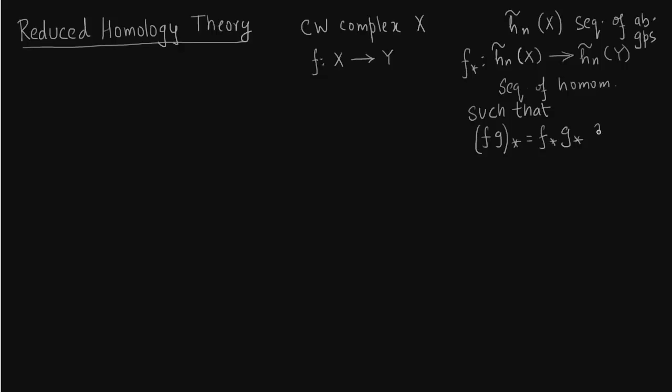So F is the map between two spaces, and then there will obviously be a sequence of homomorphisms between these two spaces. We have already seen these conditions before, so here we are just recapping everything. And the following three axioms are satisfied for the theory to be a reduced homology theory.